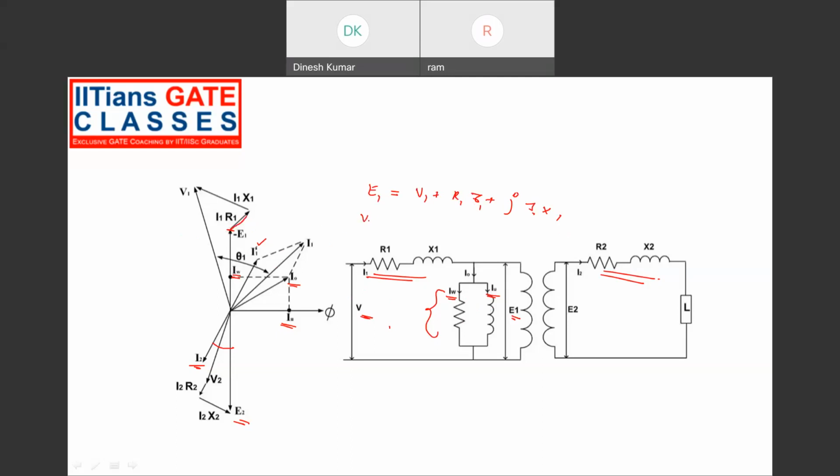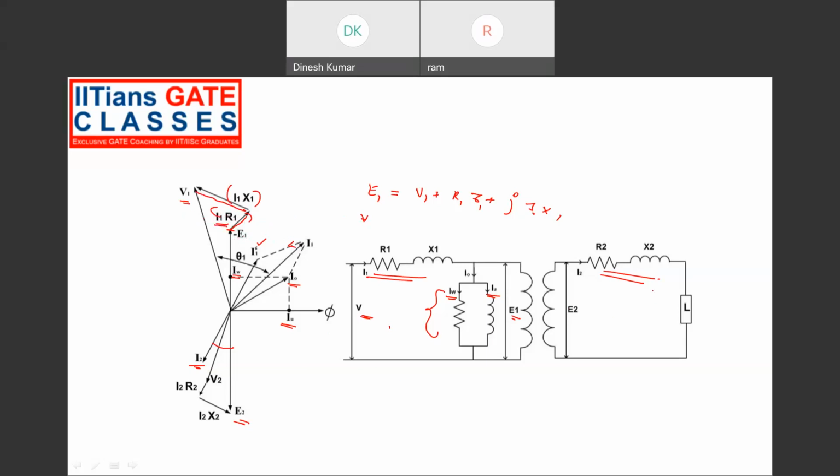Okay, if you take V1, that will be I1 X1, which is 90 degrees to the current. So V1 equal to minus E1. Actually, this minus sign is due to Lenz's law. Okay. So V1 equals minus E1 plus I1 R1 plus I1 X1.